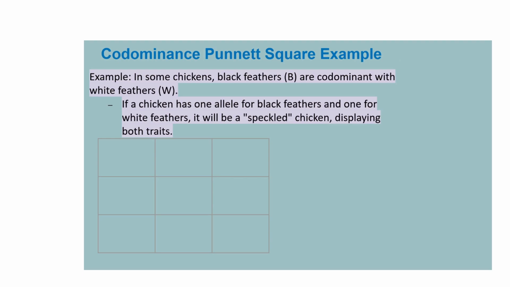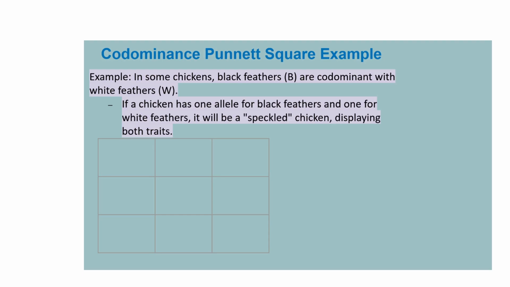Example: in some chickens, black feathers, capital B, are codominant with white feathers, capital W. If a chicken has one allele for black feathers and one allele for white feathers, rather than Mendelian genetics where it would display dominant, both white and black feathers are codominant, so both white and black will show through.